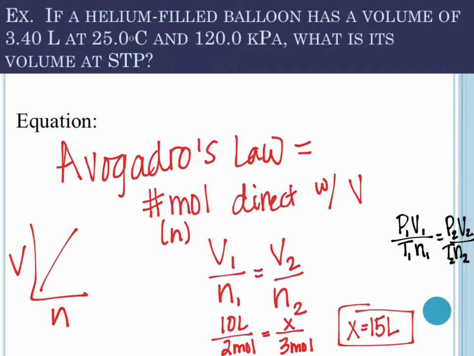I just want to show you that we can do this. So if I have P and V, whose law is it? Boyle's. If I have T and V, whose law is it? Charles. If I have P and T, Gay-Lussac. And if I have V and N, Avogadro's.